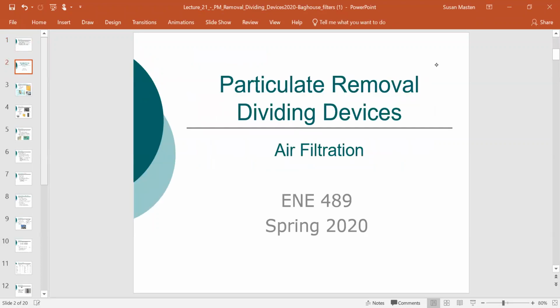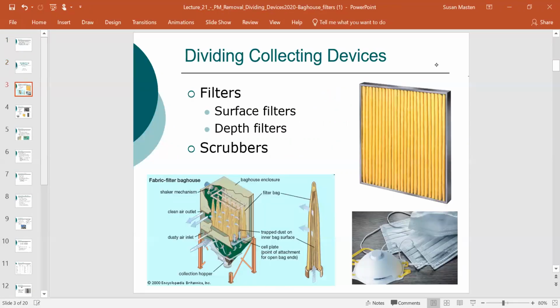Okay, so continuing on, looking at air filtration. On Monday, I had added that extra lecture looking at face masks. Again, that was not a lecture that I had done before, but I thought it was very relevant to the situation we're living in right now. So what I'd like to do today is we'll look back at industrial processes.